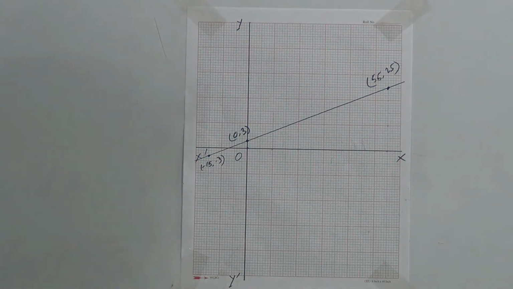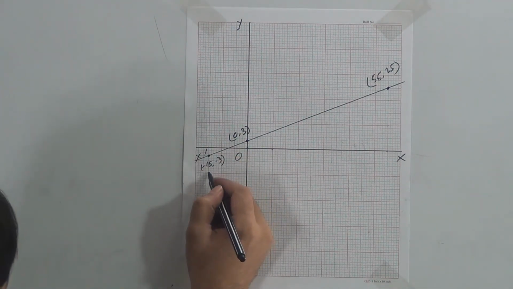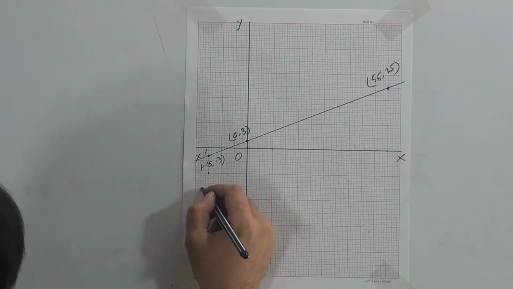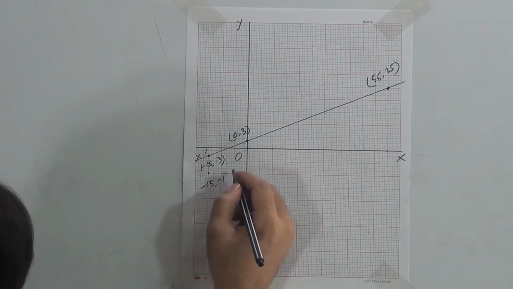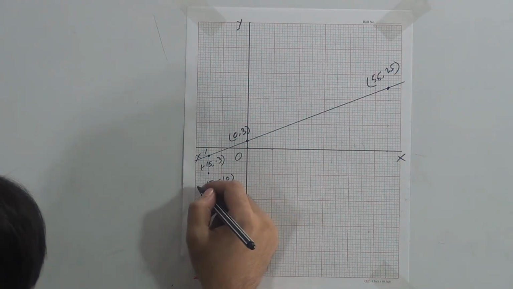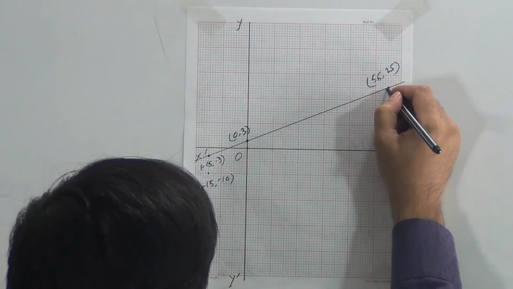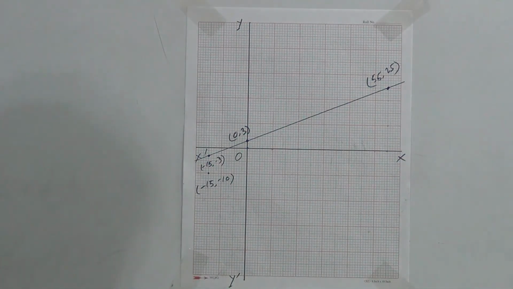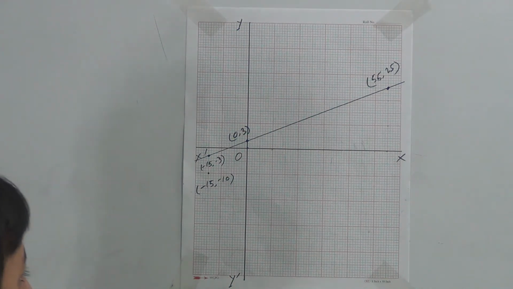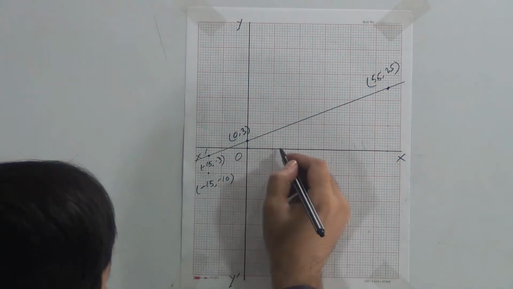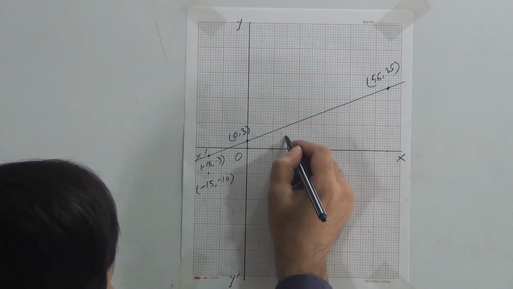Now put the 3 points of table 2, minus 15, minus 10. Here is minus 15, minus 10. Now another point, 55, 25, means this point, and this is the common point. And then 15, 5. 15, 5 means you have to move 10, 15 and 5 here.